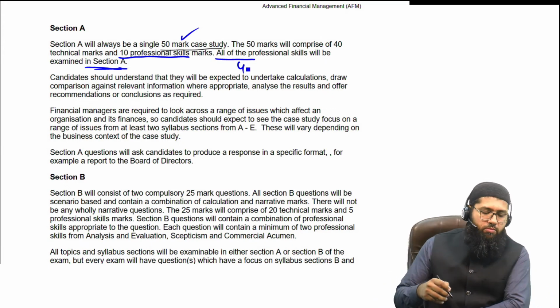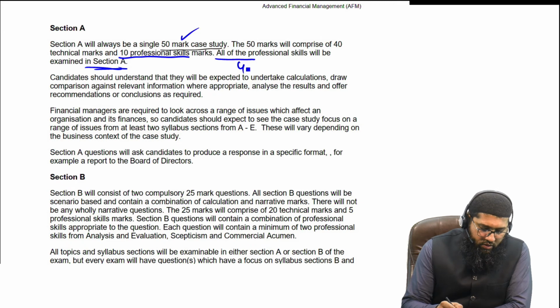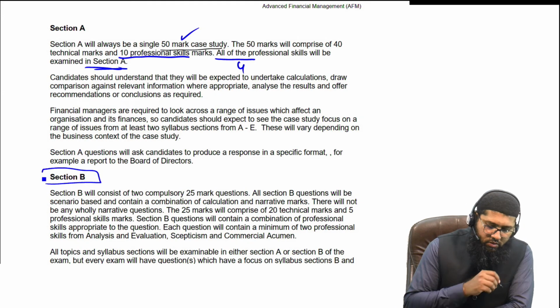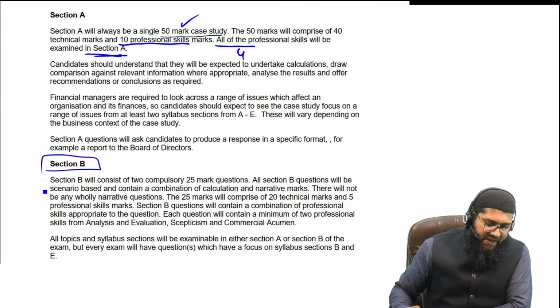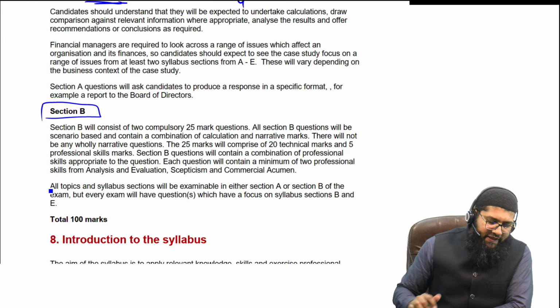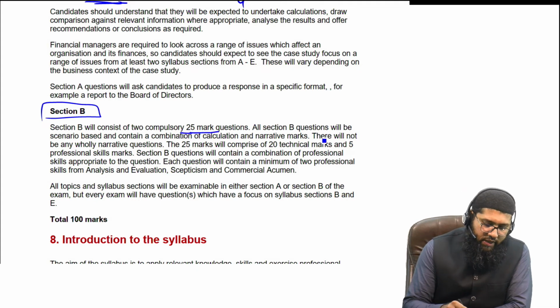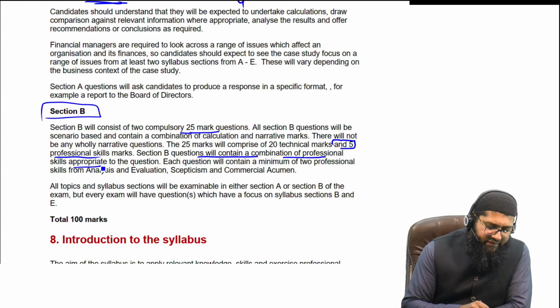Next, for section B, what is expected? It will consist of two compulsory 25-mark questions, and for each question there will be 5 professional marks. The questions will contain a combination of professional skills appropriate to the question. Each question will contain a minimum of 2 skills.